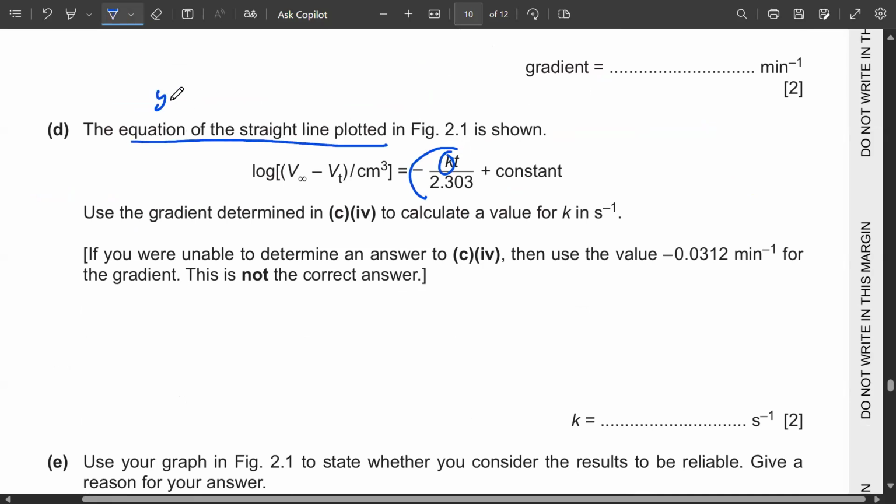The equation of a straight line is y is equal to mx plus c. Now over here, m is the gradient, and x becomes t here. X is equal to t.